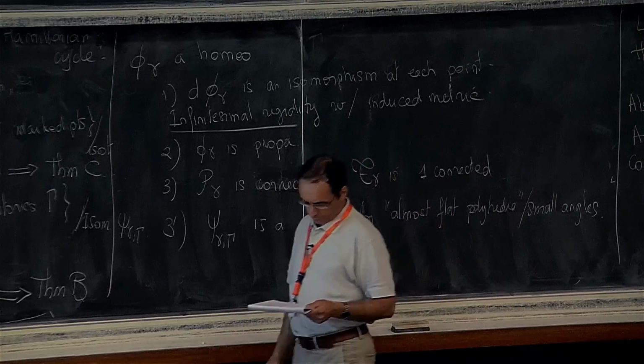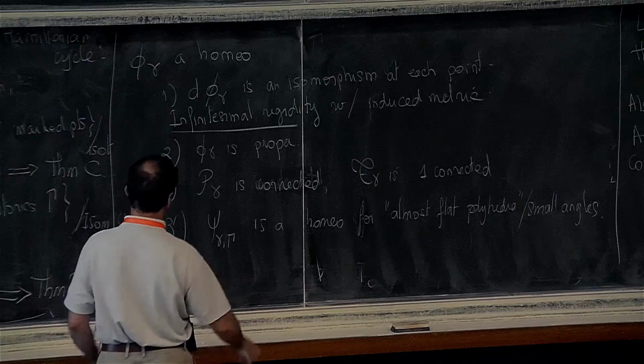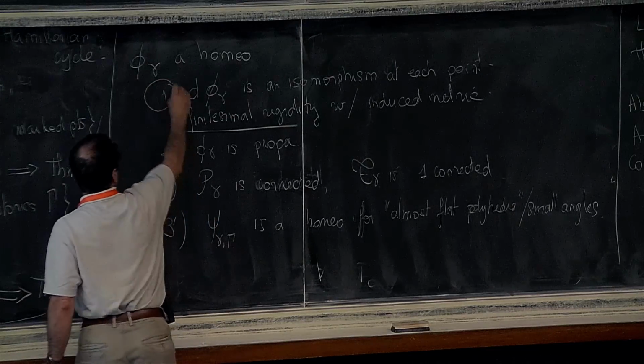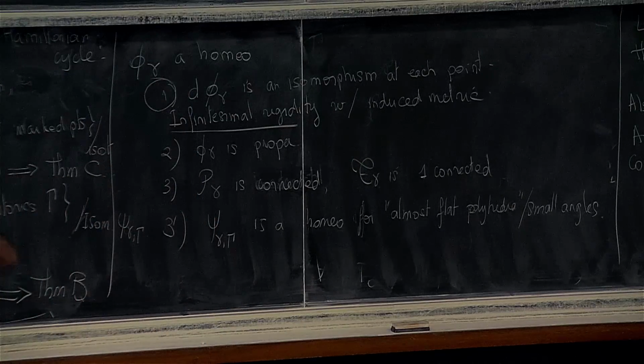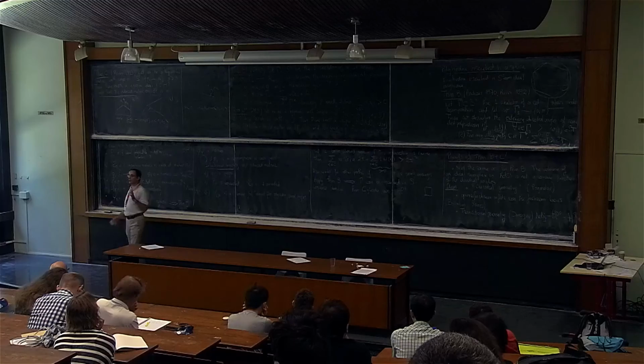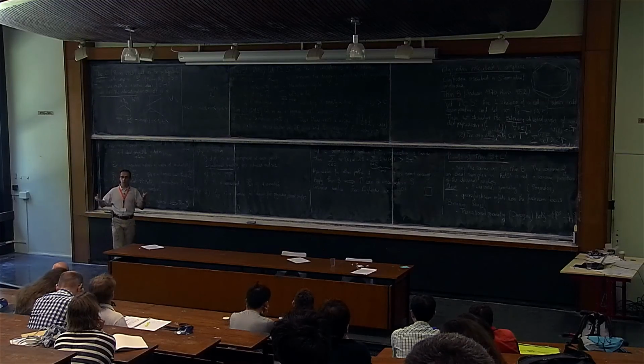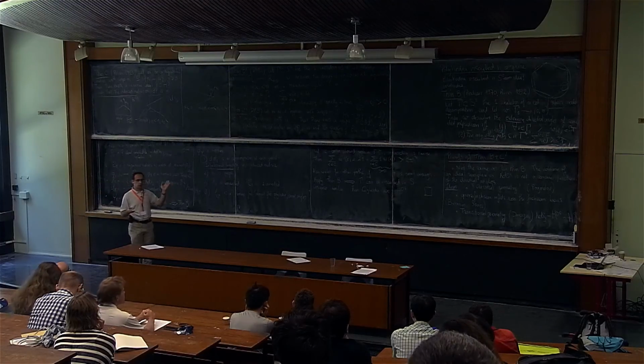Okay, so maybe I'm going to say one thing very quickly about how we prove the first point. So the first point for this map phi is proved using classical geometry. So basically you know that Euclidean polyhedra, convex Euclidean polyhedra, are rigid. This is a statement proved by Cauchy, Legendre 200 years ago.